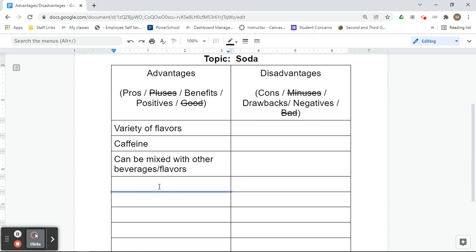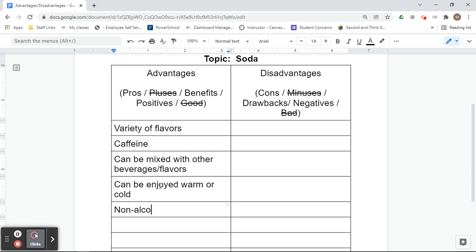You can drink soda warm or cold. They're non-alcoholic, they're fizzy. Again, thinking about all the positives, the benefits, the pros, and looking at it from different points of view: we have a variety of flavors, they have caffeine, and it can be mixed with other beverages or flavors.